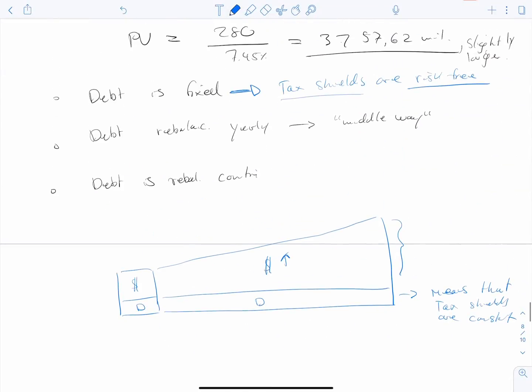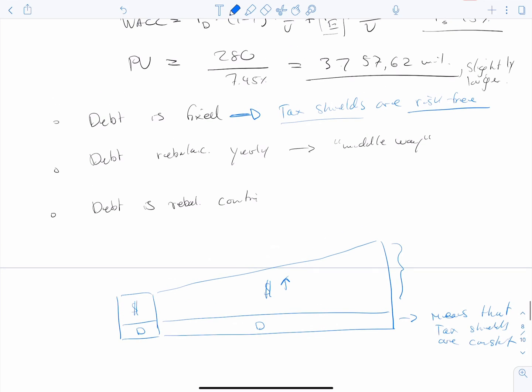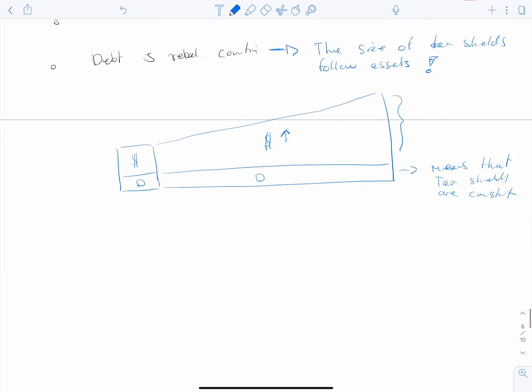In the case where debt is rebalanced continuously, and this is the interesting thing, I think, you actually have that the size of tax shields follow assets, right? Because basically what it says is that if you have this example again, you have some debt, right? And then you have basically your equity holders here.